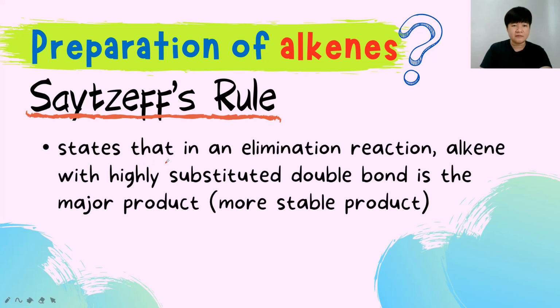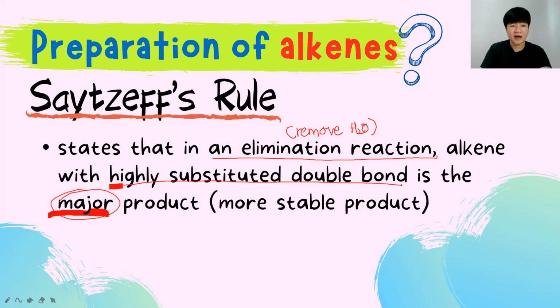Saytzeff mentioned that in an elimination reaction, where we remove water if you remember, the alkene with the highly substituted double bond is the major product. So what is meant by highly substituted?